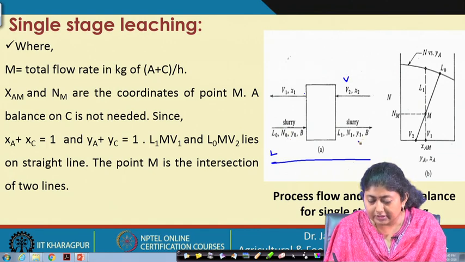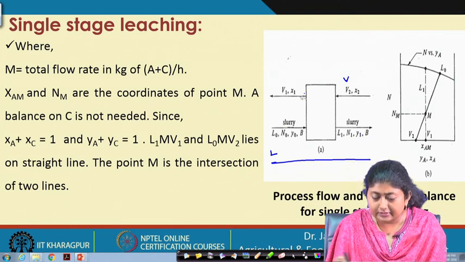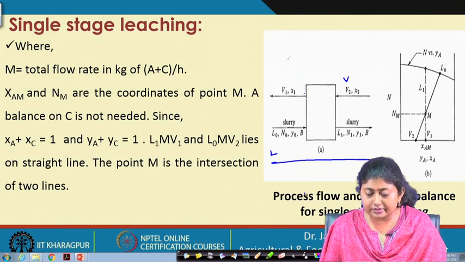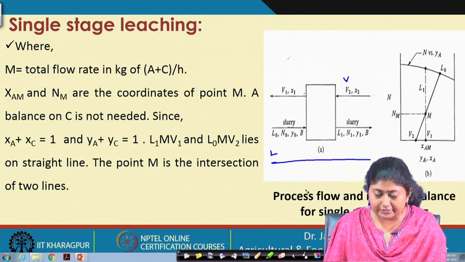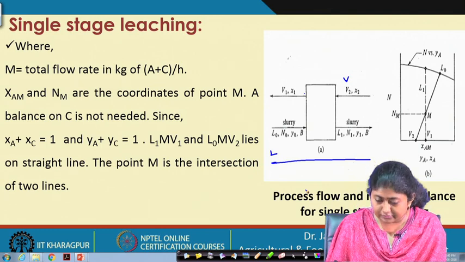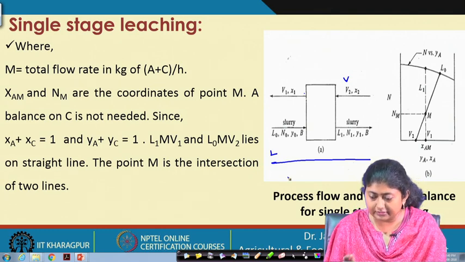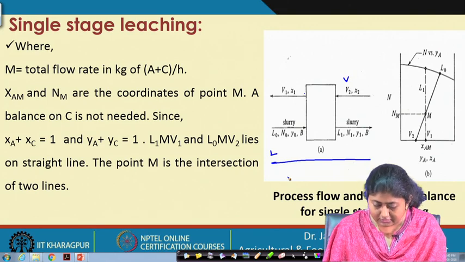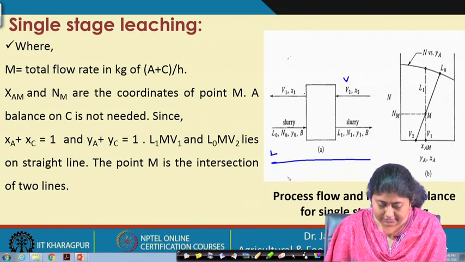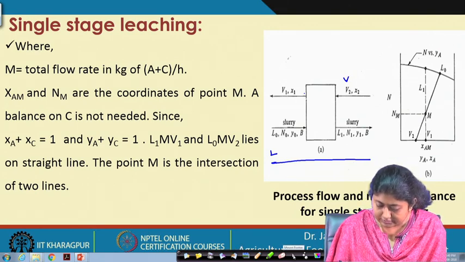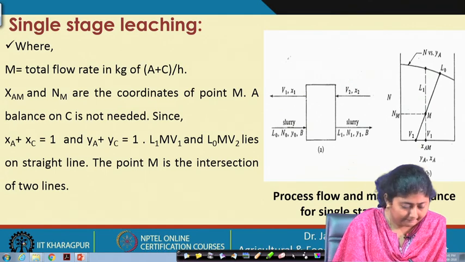Similarly, Y 1 represents the solute concentration in the outgoing slurry, and x 2 and x 1, or x, represent the solute concentration in the solvent. So this is the single stage.